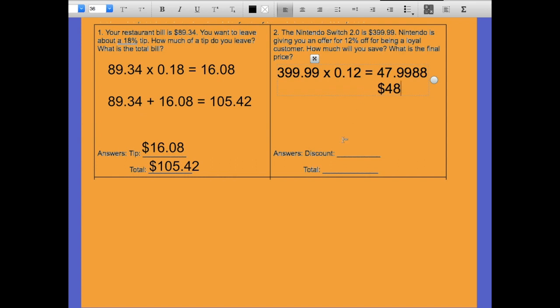So we're getting a $48 discount. Hey, that's pretty good. It's $48 off. So remember, that's a discount. So we do our original price minus the discount, and we end up with $351.99. So our total after the discount is $351.99.